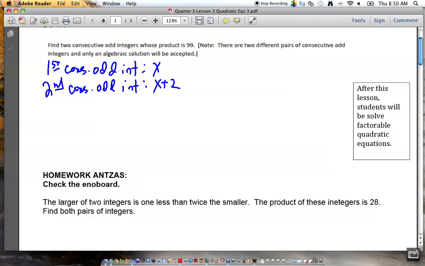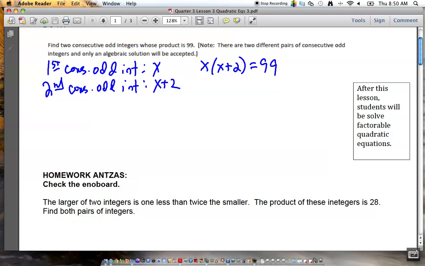Other than the phrase consecutive odd integers, what's the most important word in that problem? Product. Product means what again, guys? Multiply. So I have to do x times x plus 2, and I have to get 99.